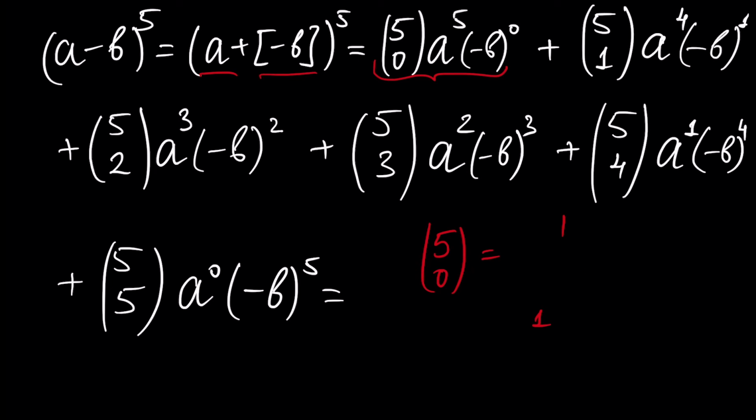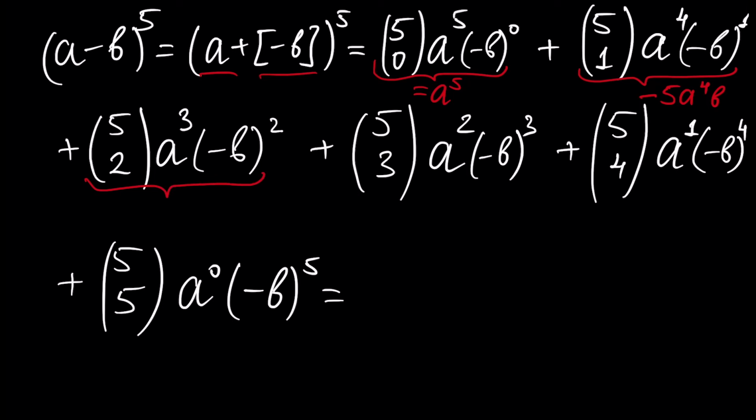So we have 1, a to the power 5, and minus b to the power 0 is 1. Here, if we calculate 5 choose 1, it will be 5. So we have 5 a to the power 4 times minus b, and that's why we write here minus 5a to the power 4b.